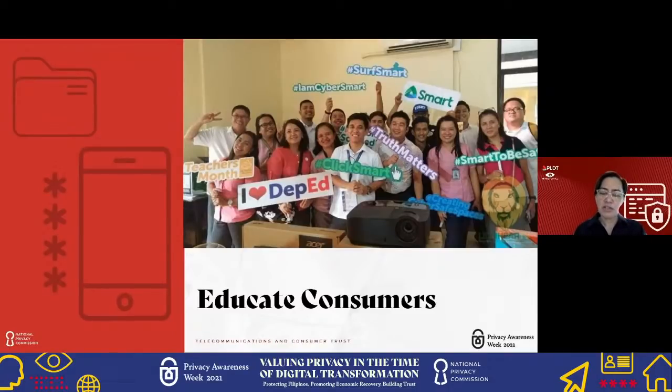This is a program that educates parents, teachers, and kids on protecting yourself online, internet safety, anything on child abuse that's online, so that people are aware. And together with that, cybersecurity and data privacy is definitely tackled.